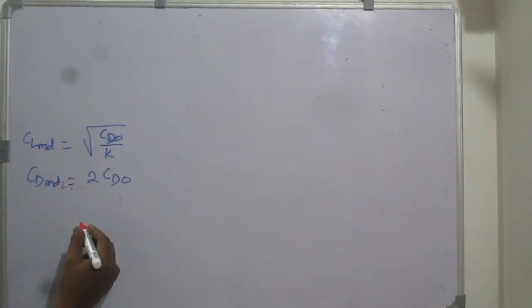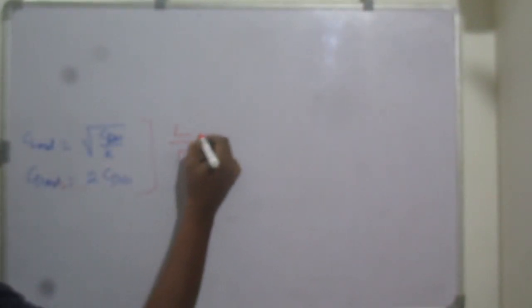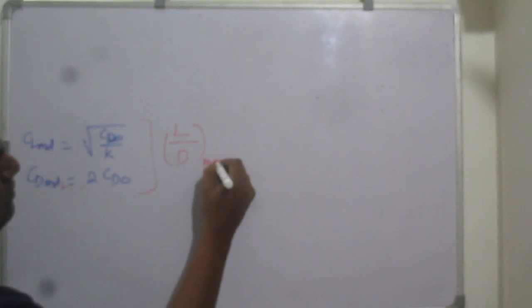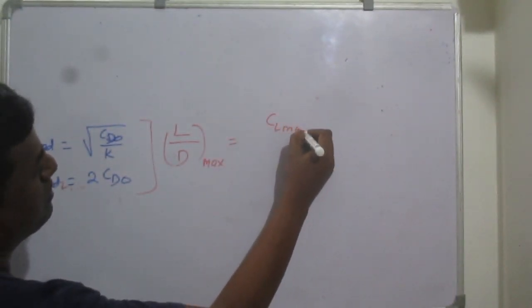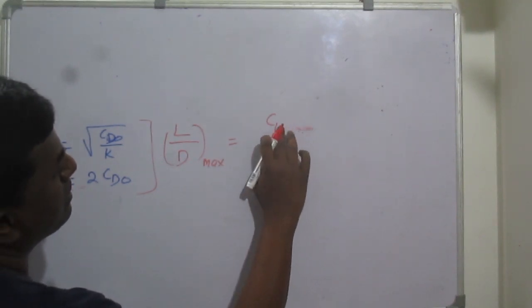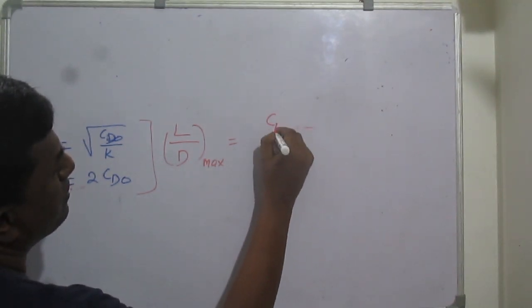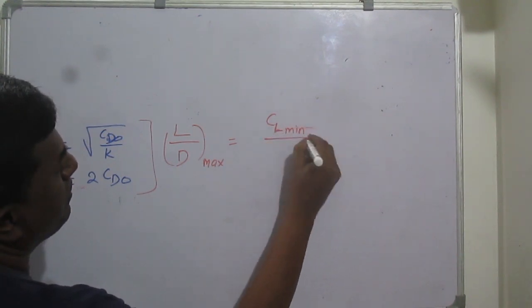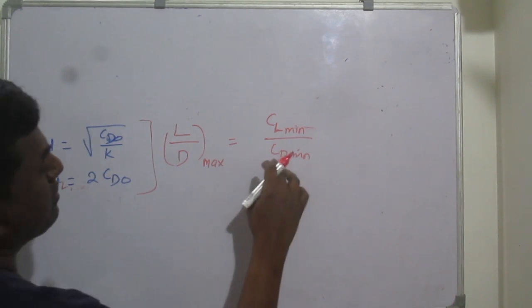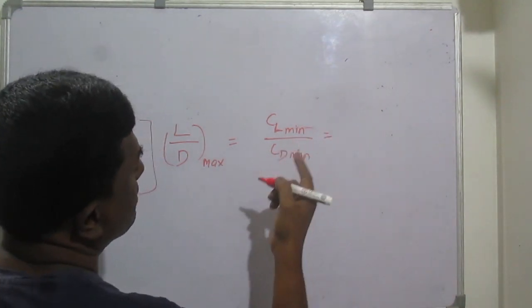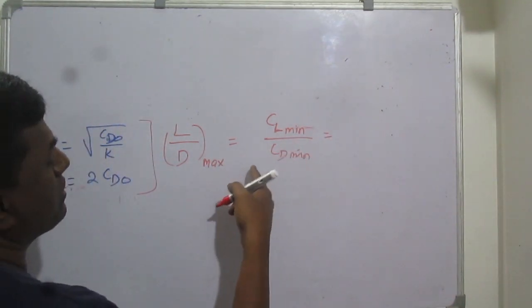Based on this, we can get one more relationship, that is L by D. So L by D maximum is nothing but CL at minimum drag divided by CD at minimum drag, as we have seen in the previous video.